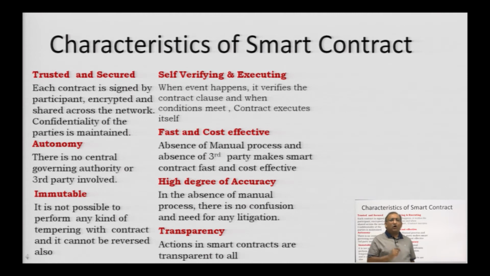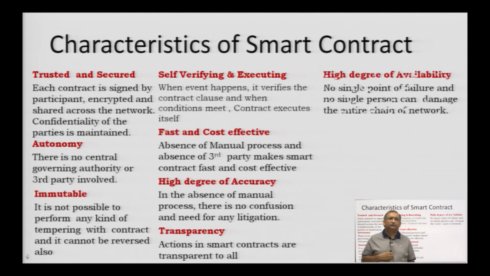Transparency, all the transactions, all the actions that happen in the smart contracts are transparent to all, a basic feature of the blockchain. High degree of availability, no single point of failure, no single person can damage the entire network, and as it is distributed, if some nodes go down, you have the copy of the smart contract available in some other nodes or distributed ledger, you can pick it up and update your ledger once again once you start coming up.